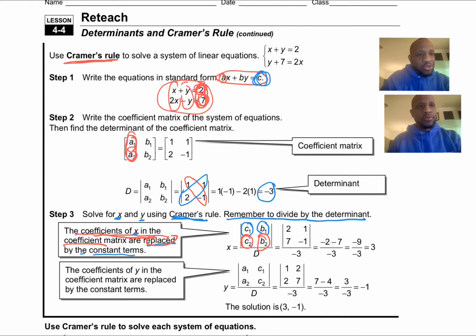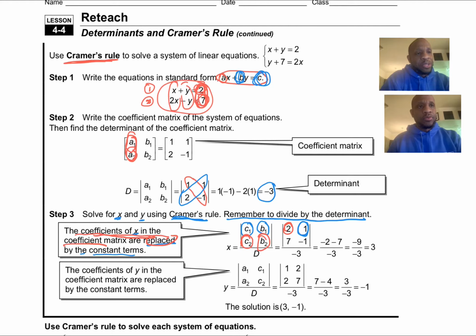So you got the constant term, 2 here, which is C1. That's the constant in the first equation. This is equation number 1 up here. Then this is equation number 2. And then you're putting that across from the b term, which is always next to the y.